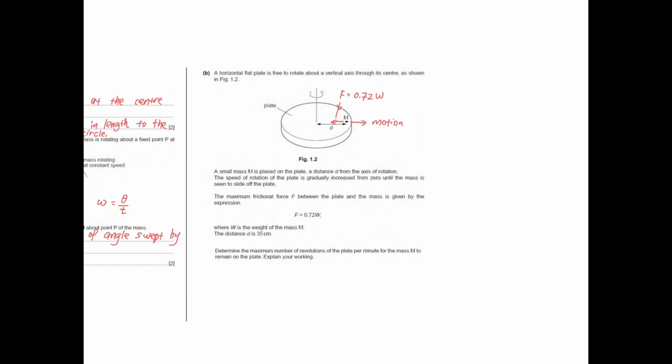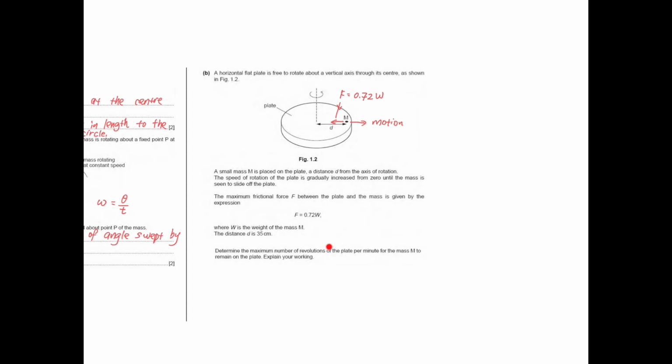That means the small object can remain on the plate if the frictional force is big enough to hold it. So if it rotates too fast until the frictional force is not able to hold it anymore, then it will slide off.